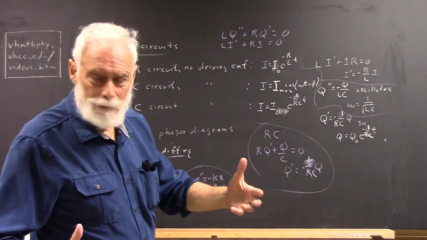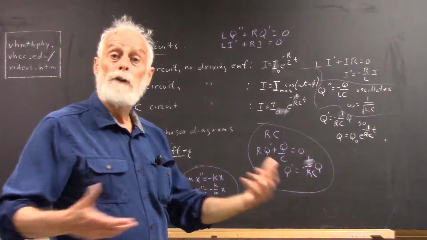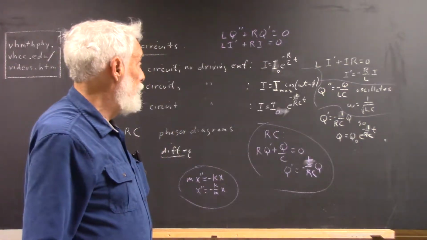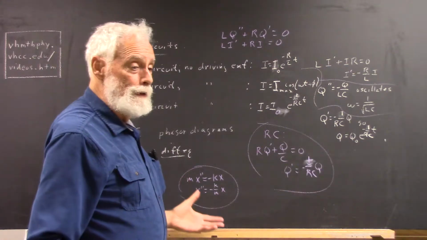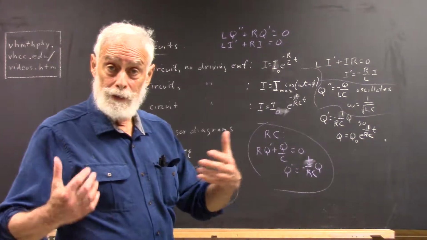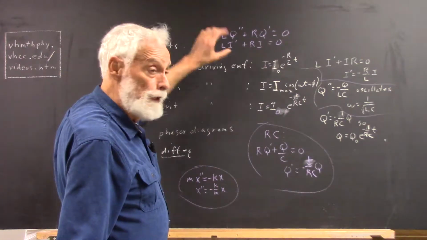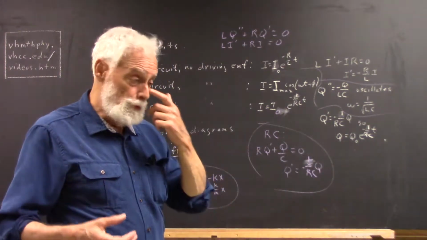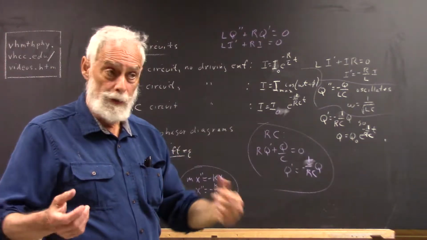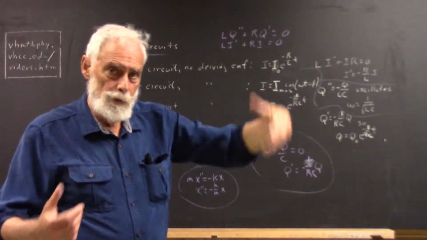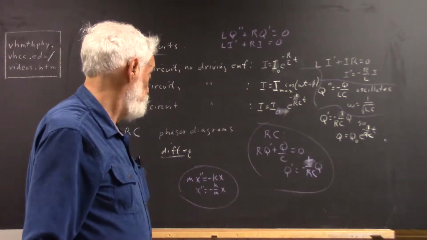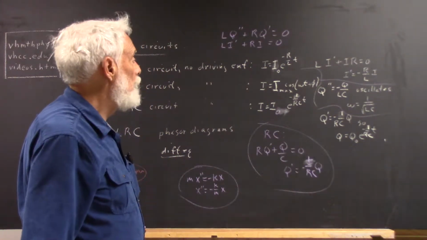A mechanical system with a linear drag force and a linear restoring force behaves, the mathematics is exactly the same as it is for an LRC circuit. And there's a complete analogy. I just mentioned one of them, the potential energy, kinetic energy versus the energy stored in the inductor and the energy stored in the capacitor.